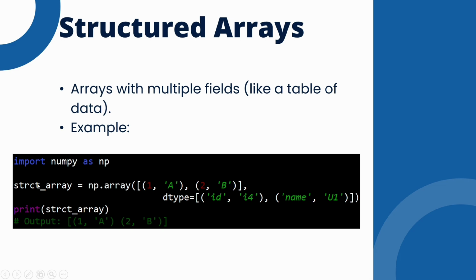We have here an array of 1, a string variable a, 2, b. We will define the dtype, which means data type. This structured array stores integers, strings, and floating point numbers, letting you work with complex datasets easily.